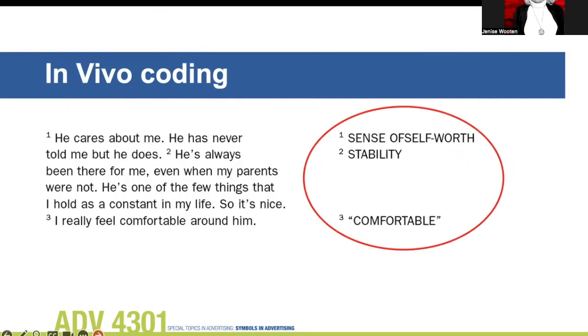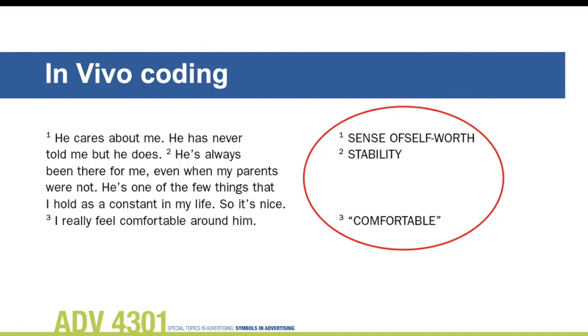Now, this is in vivo coding. If you were to interview someone or you were listening to someone in a commercial, let's say, that is talking about a certain product or a certain feeling that something gives them, then this is from the mouth of the person that is actually involved in the advertisement or the research.